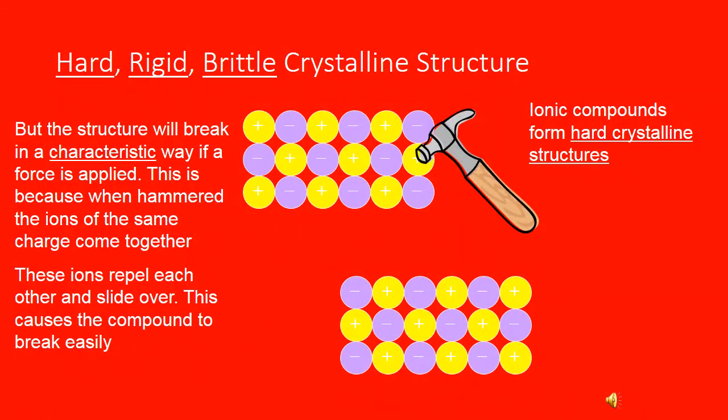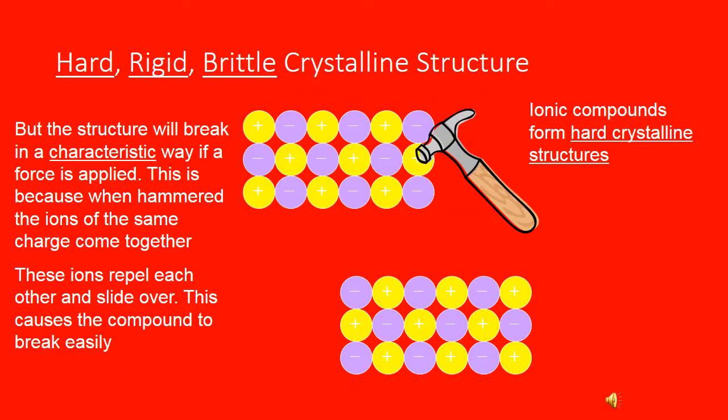But if they are hammered, they are brittle, which means they can be easily broken when hammered. The structure will break in a characteristic way if a force is applied. This is because when an external force is applied, ions of the same charge come together.